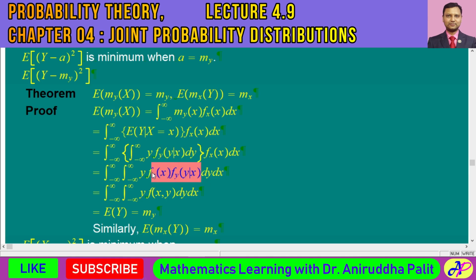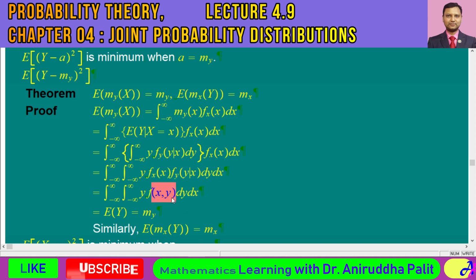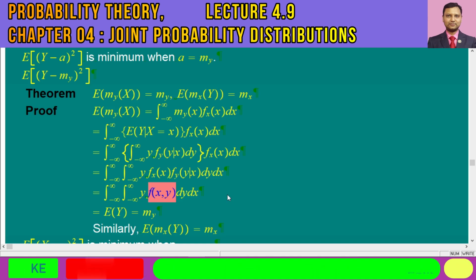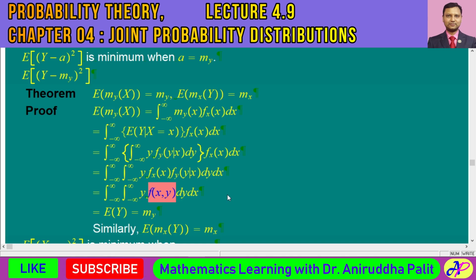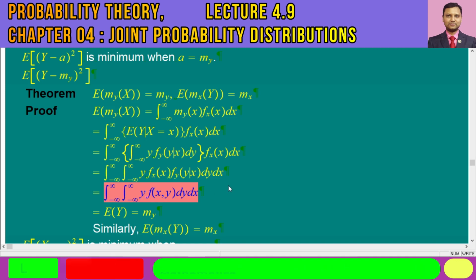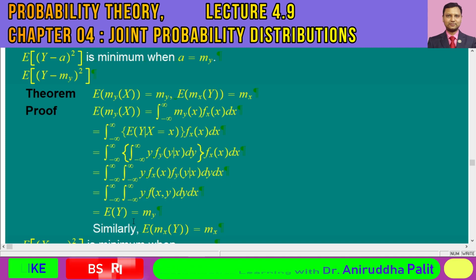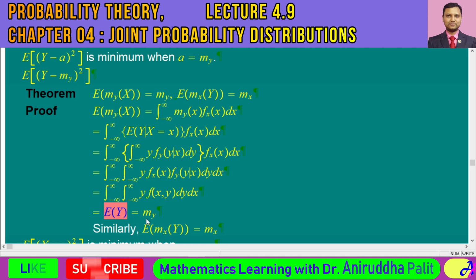The product of these expressions becomes equal to the density function of the joint bivariate distribution. So we write it as f of x comma y, and this is equal to the mean of y. By definition, this is actually the mean of y obtained from the bivariate distribution. So finally, this can be written as the expectation of y, that is equal to my.